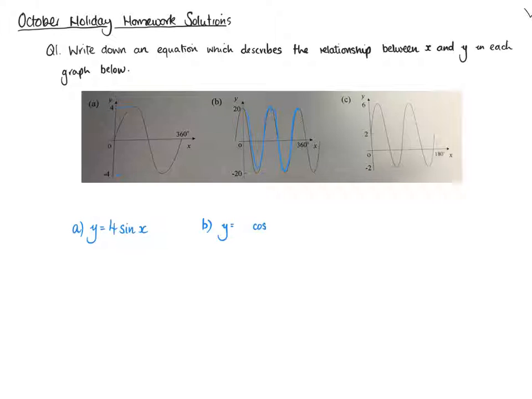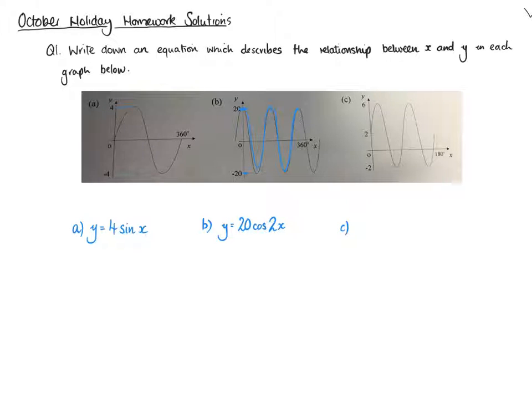I don't know why I've written 3. It is in fact 2x, and because our maximum and our minimum are the same and they're 20, our amplitude is 20, so we get 20 cos of 2x for part B.